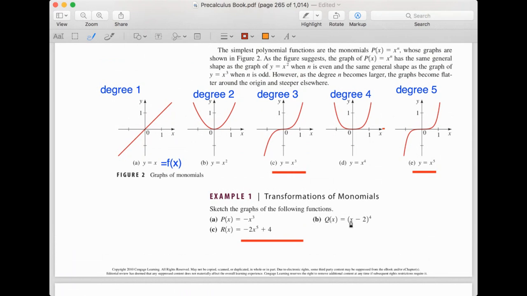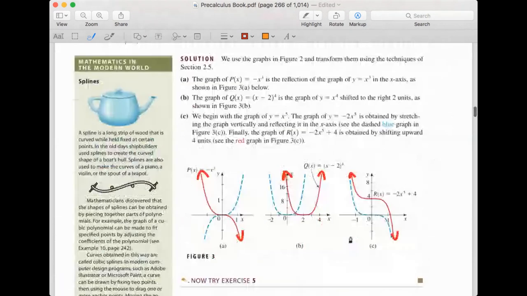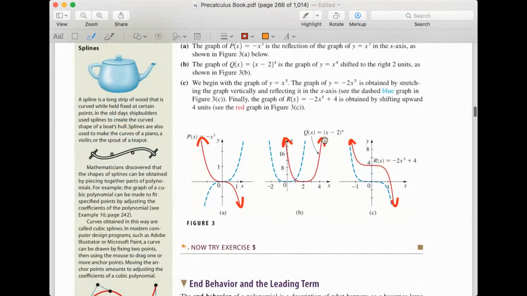So the x value is being pushed 2 units to the right. So we see this graph, x minus 2 raised to 4. We see every x value being pushed to the right 2 units. Just focus on 0. You see 0, 0, the origin, being pushed 2 units to the right. Okay.